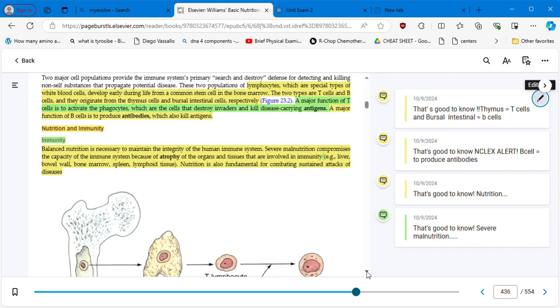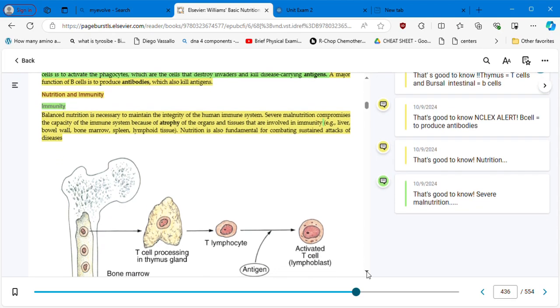Antigens, gens start with the G, right? It's a G of guest. So it's nothing produced by the body. It's coming from external sources. It's a guest, antigens. A major function of B cells is to produce antibodies, which also kill antigens, right? So that's good to know. T cells come from the thymus and B cells come from the bursal intestinal cells.